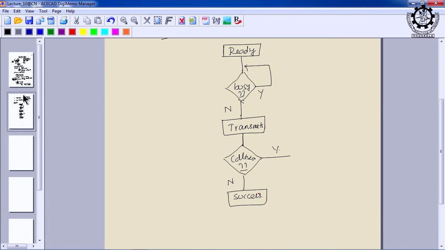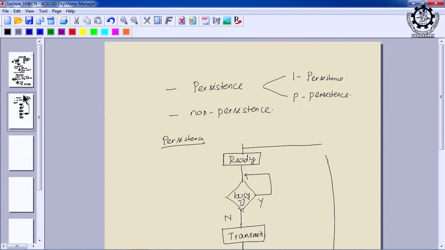If yes, what happens? You go back to a random waiting time and it starts the whole process again. It becomes ready now and the process continues here.